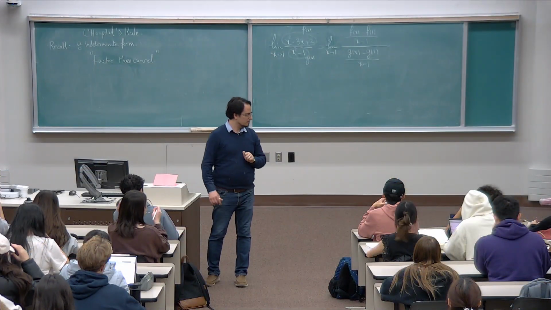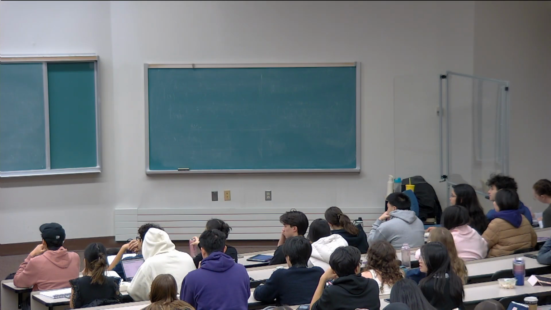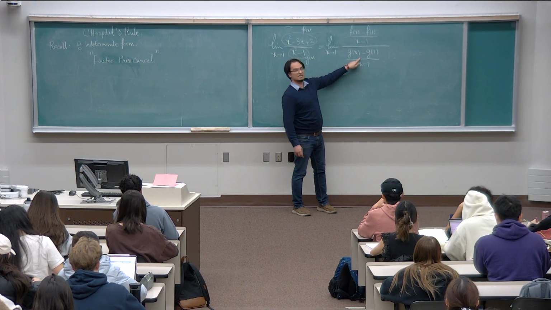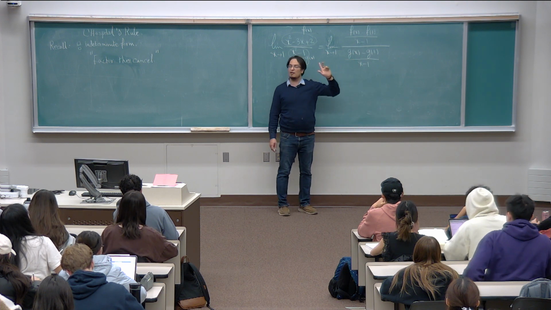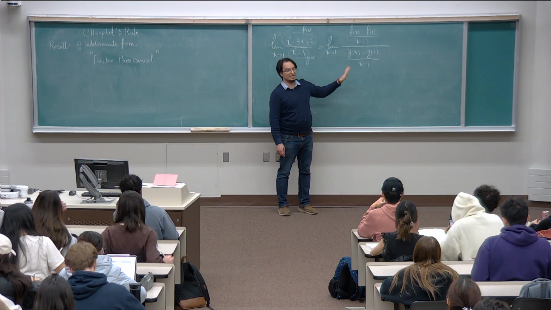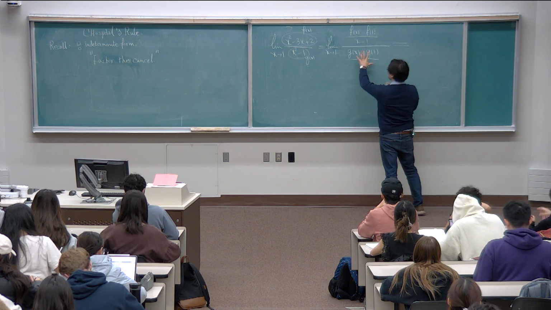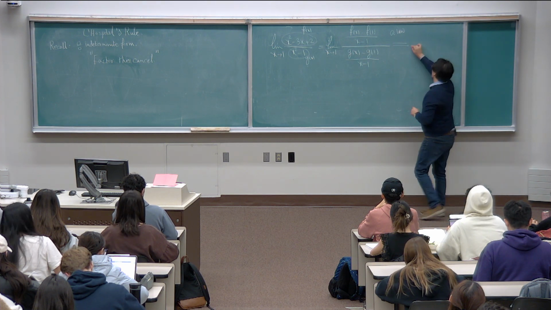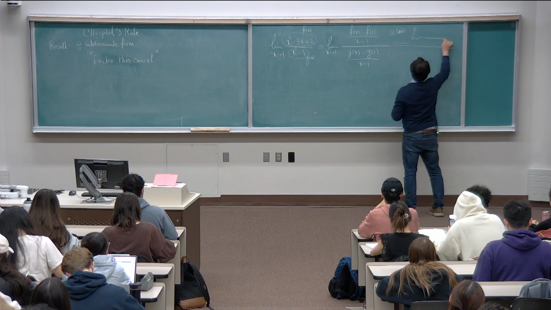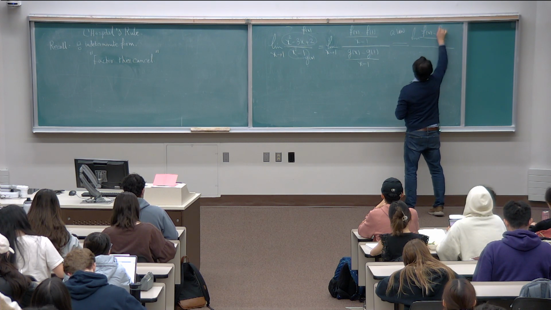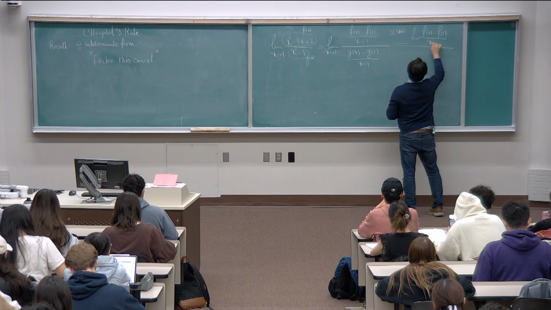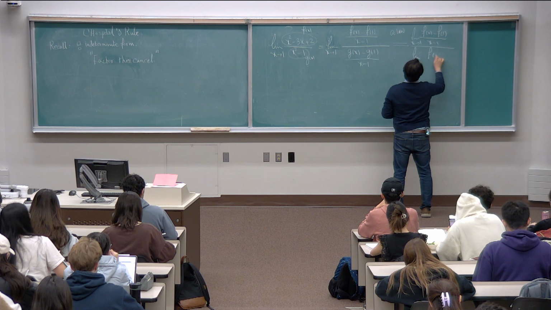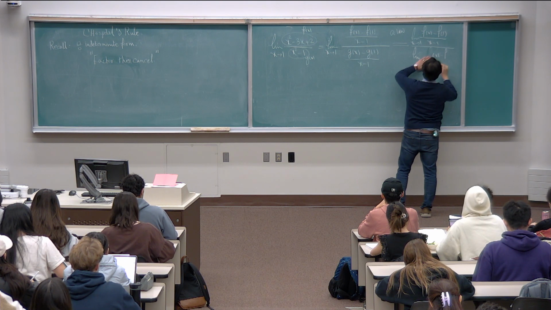Yes, please? It's like the definition of derivative. This is the definition of the derivative for f at 1. And this is the definition of the derivative for g at 1. In other words, if I'm sure that this limit is not 0, I can apply the quotient law and turn this limit into the limit of the numerator over the limit of the denominator.